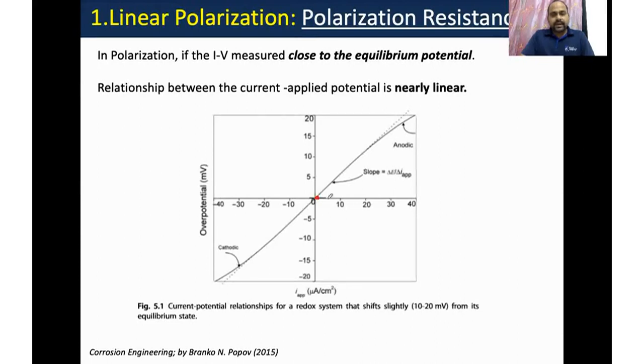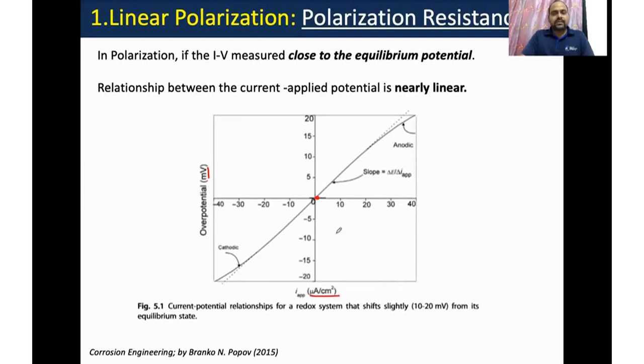Once we apply this current in one direction, you can see there is a change in the voltage, that is the overpotential. So overpotential is recorded in millivolt and the applied current is in microampere.